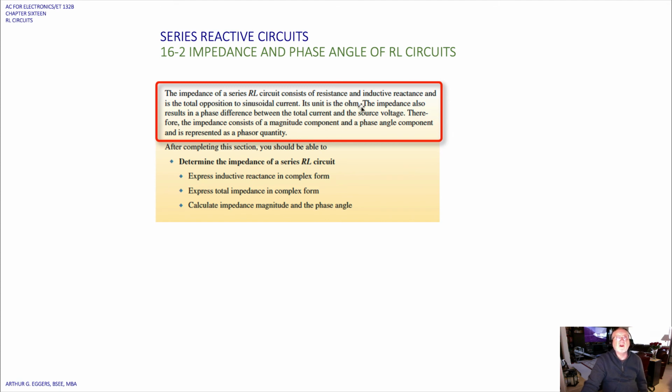The impedance also results in a phase difference between the total current and the source voltage. Therefore, the impedance consists of a magnitude component and a phase angle. We're still dealing with vectors, we call them phasors. The component then is represented as the phasor quantity.